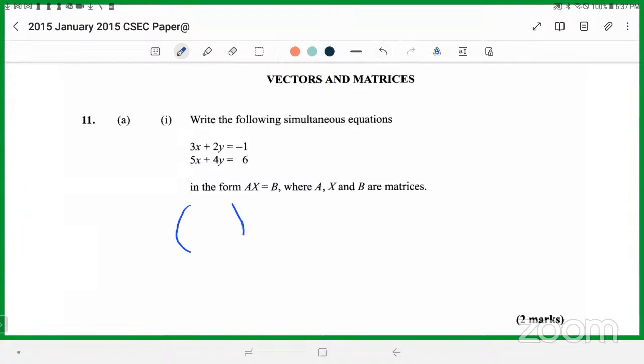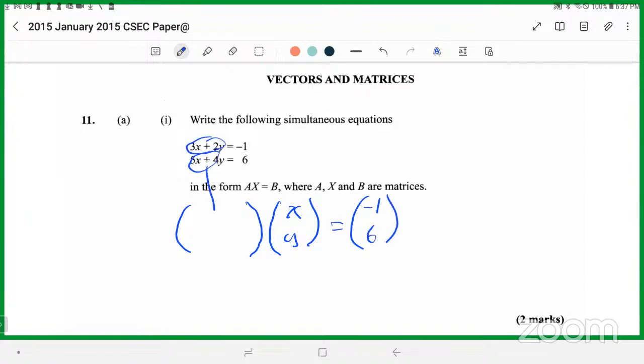It becomes a 2 by 2 matrix times the column matrix xy equals a column matrix with these values, negative 1, 6. And they put in the coefficients inside here. So it is 3, 2, everything positive, 5, 4, positive. That's a matrices equation.